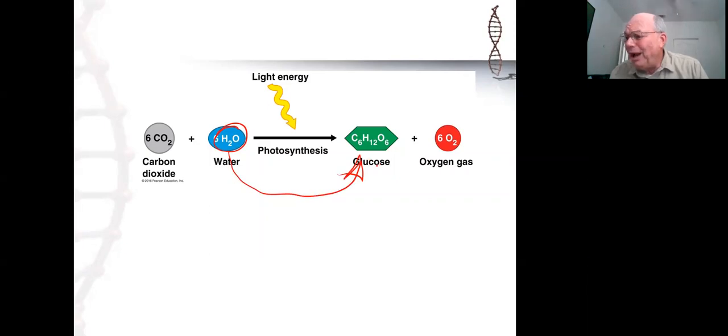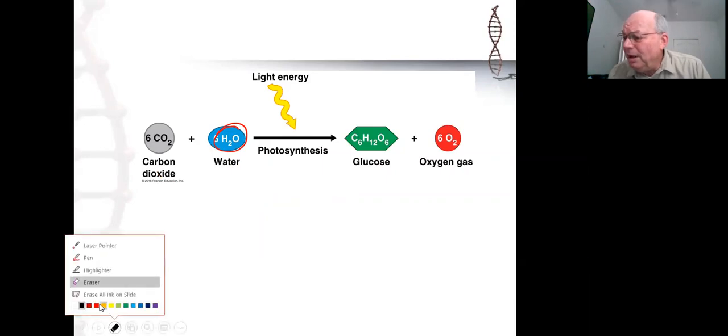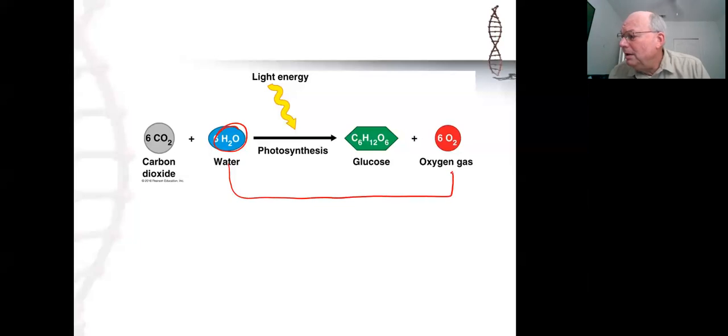The glucose has the carbon in it, so those electrons or those hydrogens must be added to the carbon dioxide to give us glucose. So if it's all about electrons, we know that water is the source of the electrons, but we shouldn't really put the arrow like that because that gives us the wrong impression. It's really that the water is being converted to oxygen as the hydrogens are taken away, or more precisely, the electrons are taken away.